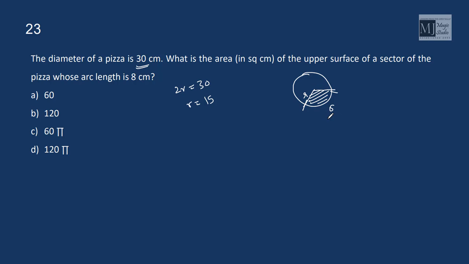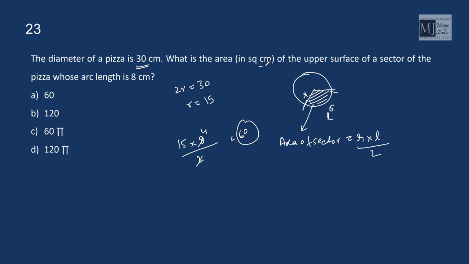So R is known and arc length is known, then area of sector is given by R into L by 2. R is 15, L is 8 by 2, that will give us 60 square centimeter is the area.